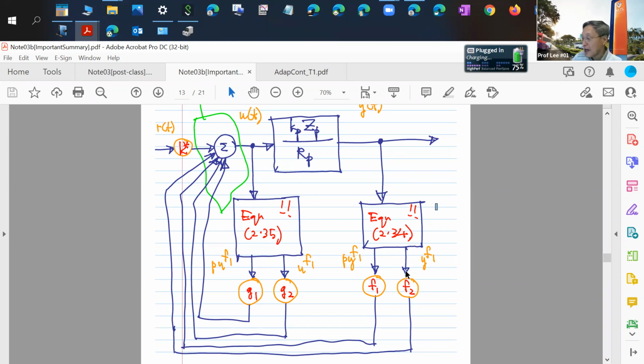There exist perfect numbers to make this exactly what you want. So this structure works. But because we don't know these perfect numbers, we put in gains here and make them time varying. And we have to say how to make them time varying and show that it works.